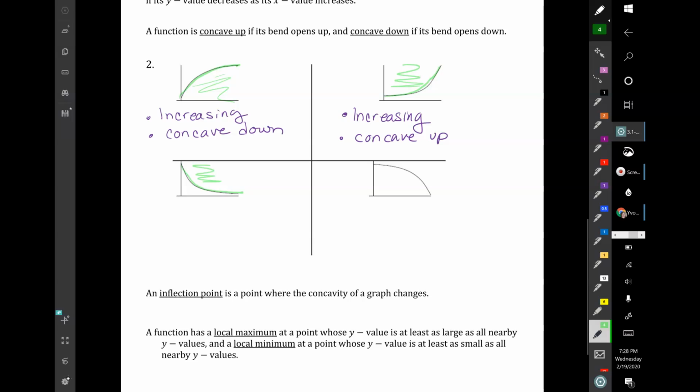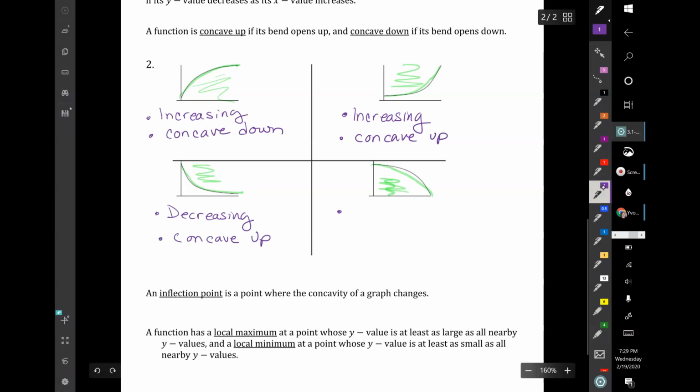And see if you can figure out the last one there on your own. And the last one is decreasing, and it is concave down. So make sure you read through the book. There's some more explanations. I'll also do an additional video that is very similar and goes along more with the book.